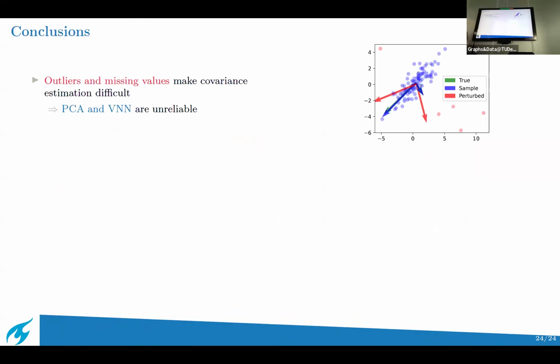So yeah, I can sum up the presentation. We are dealing with covariance information in general, and we observe that since many datasets contain outliers or missing values, this can affect the covariance estimations largely and make traditional data processing and machine learning techniques unreliable, for example PCA.